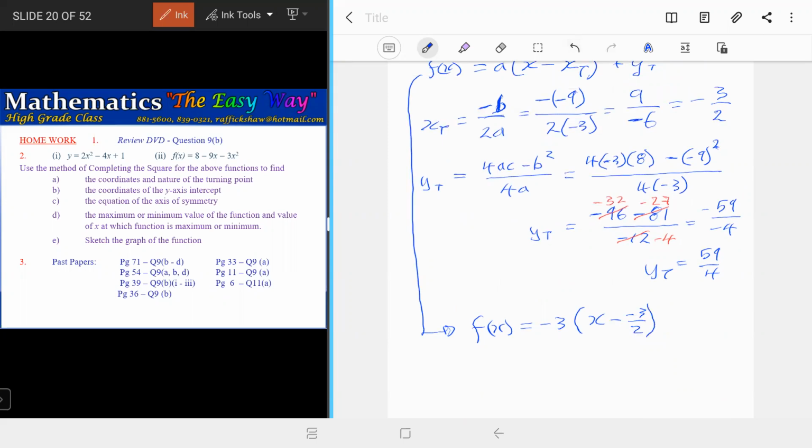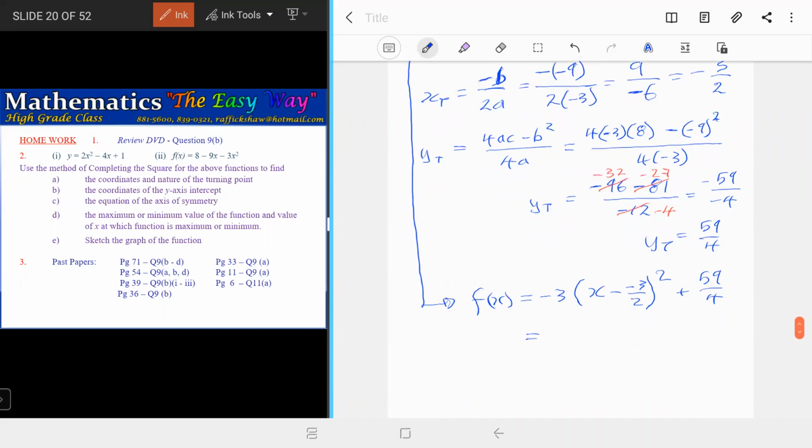Don't forget to put the square. And then plus yt, which is 59 over 4. I'm going to write the minus minus back as a plus to show you that the plus works itself out. So it becomes negative 3 into x plus 3 over 2 squared plus 59 over 4. That's f of x. So I'm done completing the square.